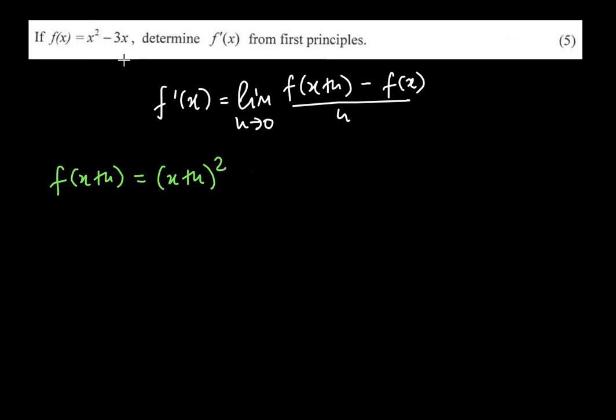Then here I have minus 3, and where I see x, I'm going to put x plus h. Then what am I going to do? I'm going to simplify this. The first term I square it, then I'm going to have x squared. The second term I square it, then I'm going to have h squared. And then after that, what is x times h?